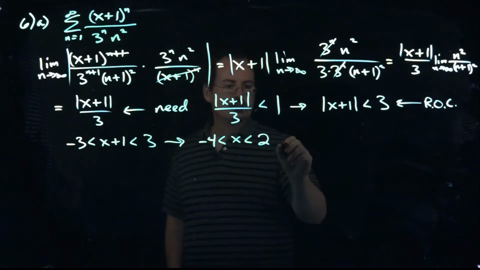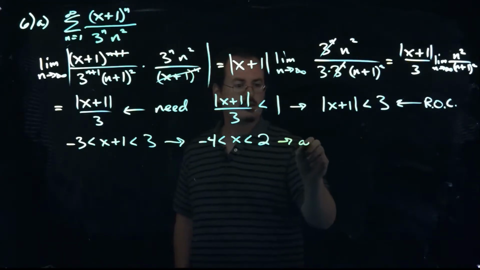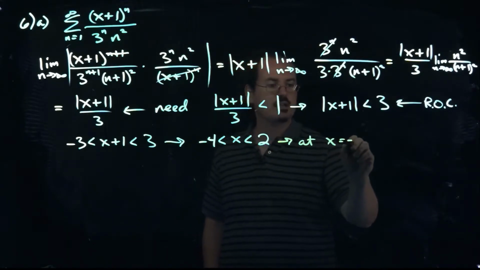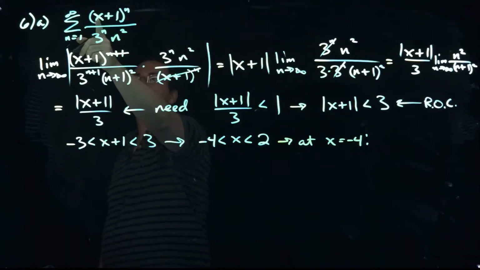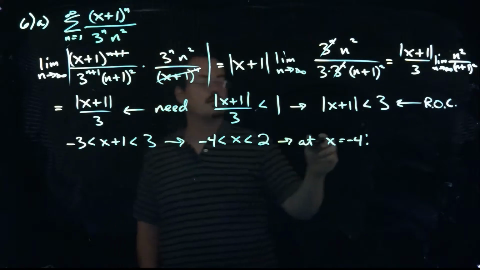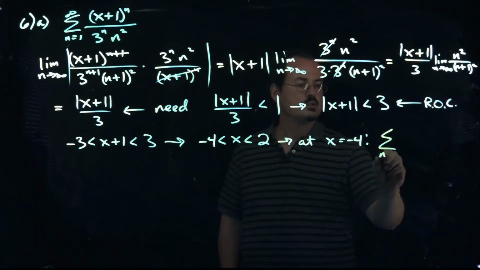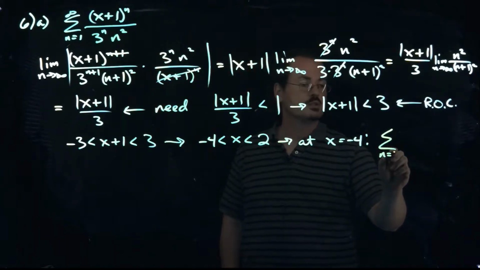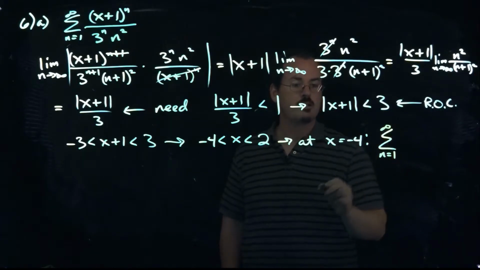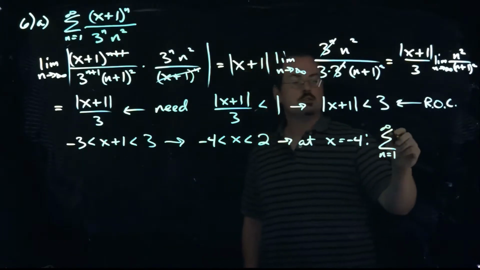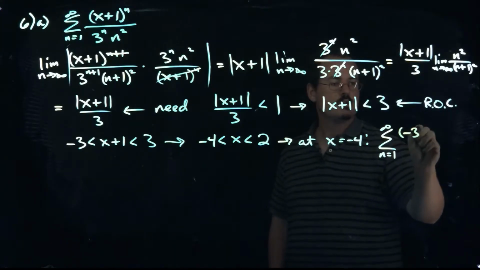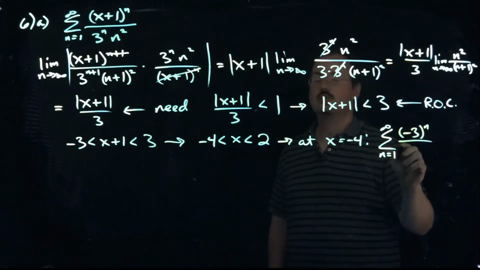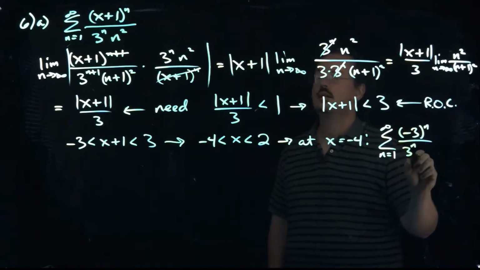So let's see what happens at the left endpoint at x equals minus 4. To do that, we'll plug in minus 4 here. So minus 4 plus 1 is minus 3. So we'll get minus 3 to the n there. So this is what the series looks like for x equals negative 4. So we'll get minus 3 to the n over 3 to the n squared.